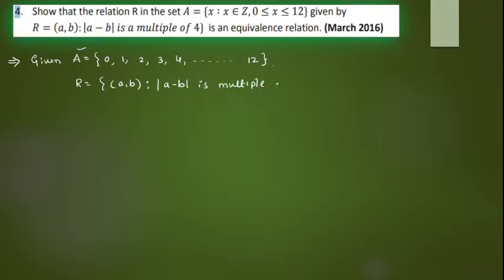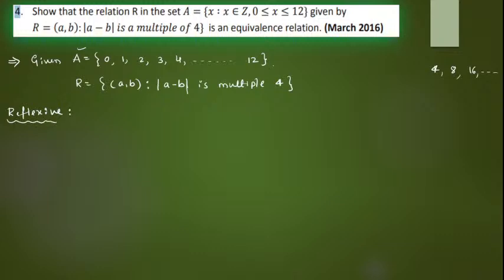Multiples of 4 means all the tables of 4: 4 is a multiple of 4, 8 is a multiple of 4, 16 is a multiple of 4, right? Since there is a modulus, whatever the a value and b value, the result will be a positive multiple of 4. Clear? Therefore first we'll check the reflexive condition.